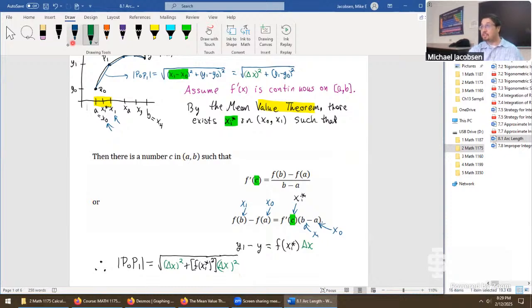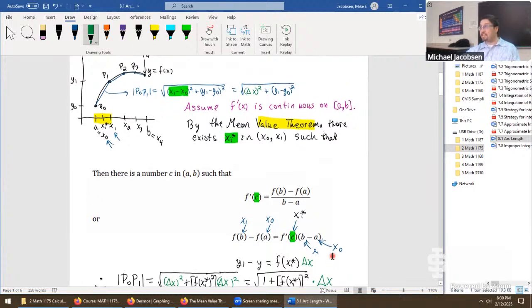Here we can factor out delta x. So this turns into root 1 plus f x1 star squared times delta x. Delta x gets square rooted, so now it's back down to power 1.